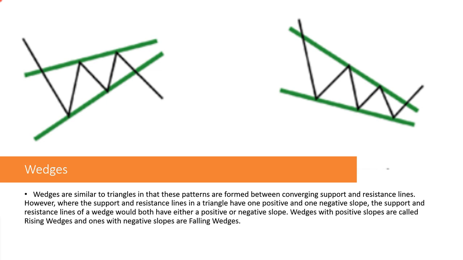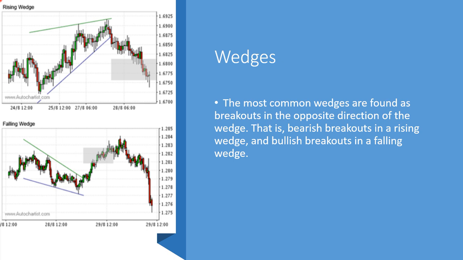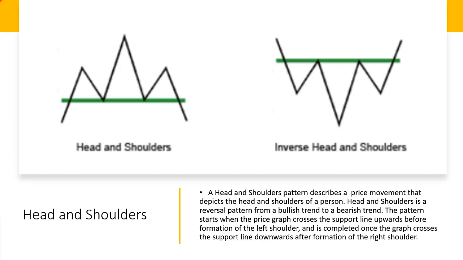In a wedge, the two support and resistance lines converge towards each other, but at different angles. The most common wedges break out in the opposite direction of the wedge. That is, a bearish breakout is a rising wedge, and a bullish breakout is a falling wedge.